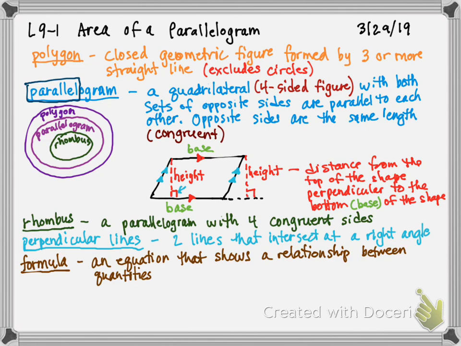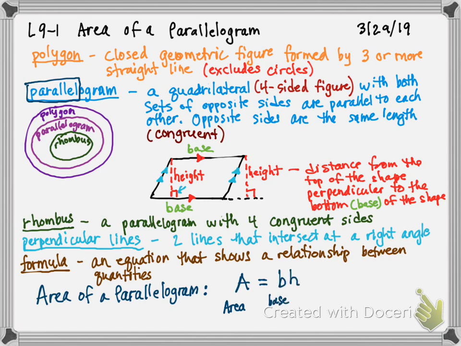So, obviously in this chapter, based on the title, we're going to be talking about the area of a parallelogram. So I have a formula for the area of a parallelogram. The area of a parallelogram says this: A, which stands for area, is equal to B, which stands for the base value, times the height.